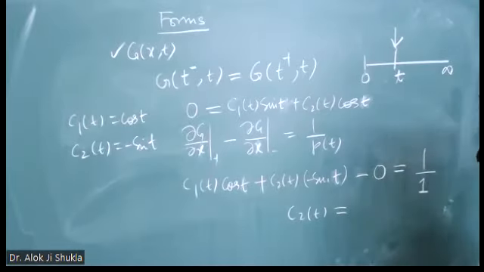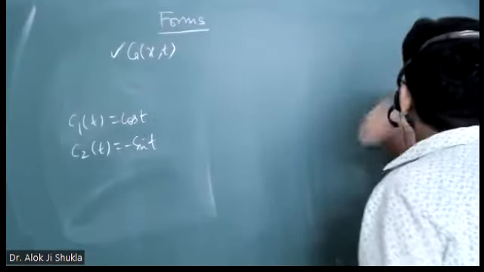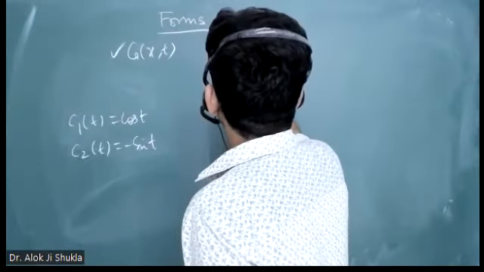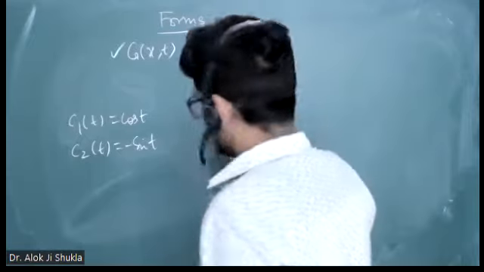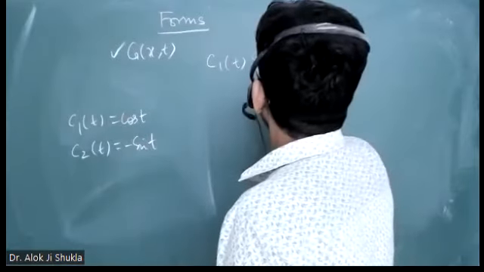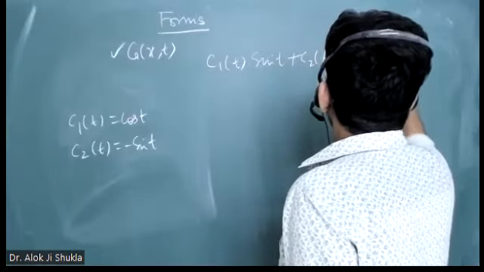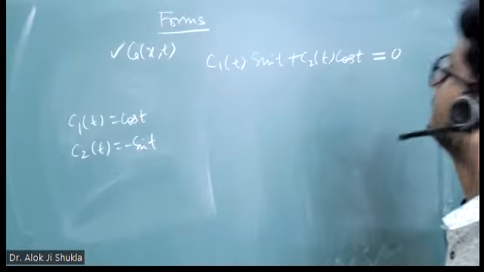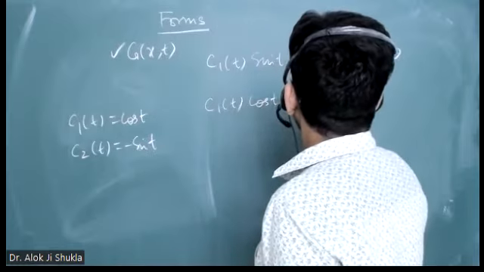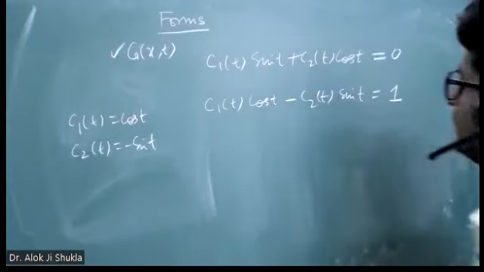Let me just solve it for you. What is the first equation? C1t sin t plus C2t cos t is equal to 0. And the second one, C1t cos t minus C2t sin t is equal to 1.